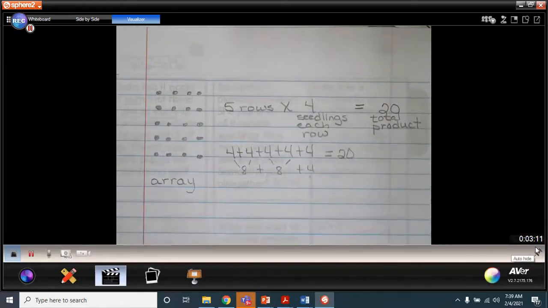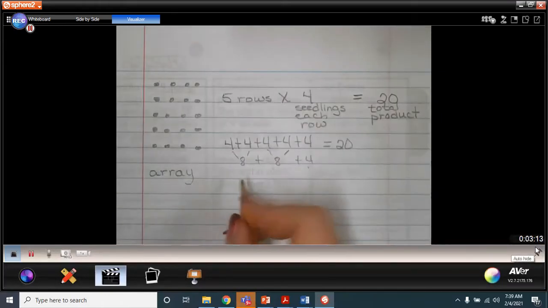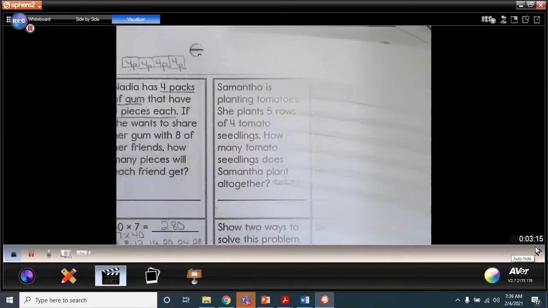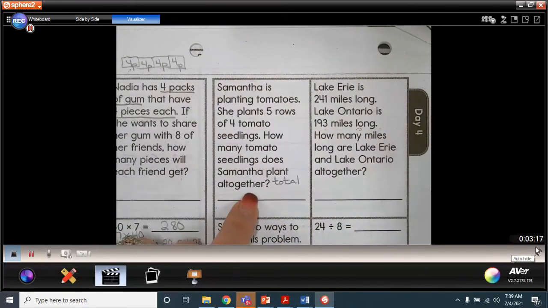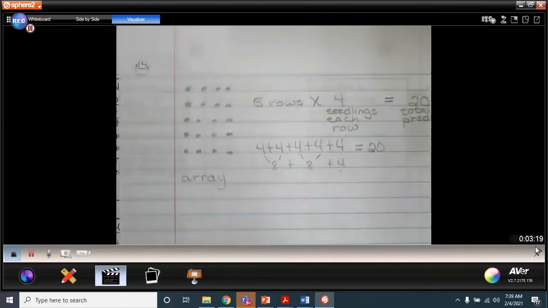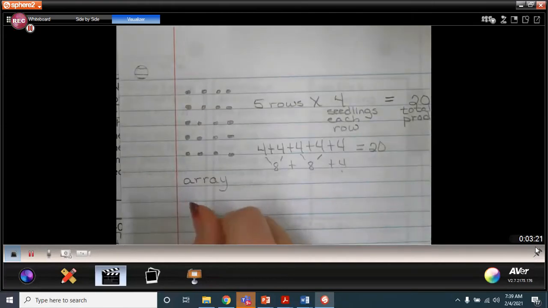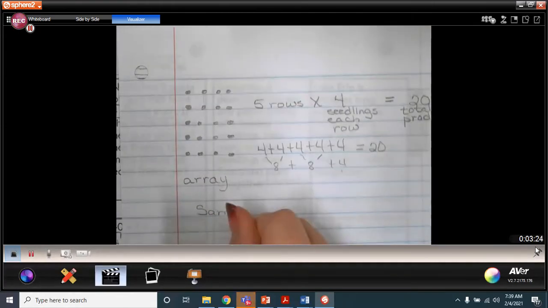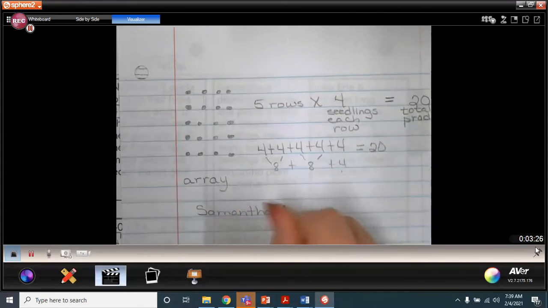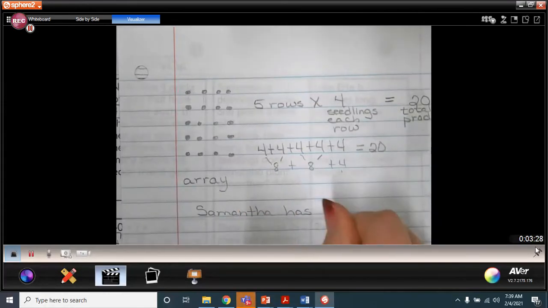Okay, now we're going to take what we know and write it into a response based on our question. So now we could say Samantha has planted 20 seedlings, or tomato seedlings.